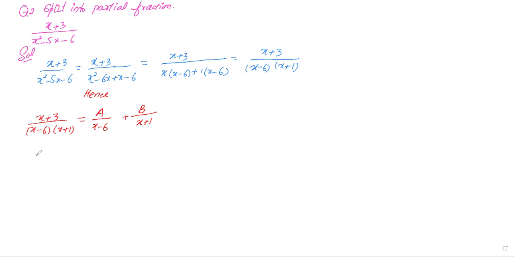Now what will you do? I have to multiply by the denominator on the right hand side. So I will write x + 3 is equal to this denominator on the left hand side. Always you have to shift it to the other side. What is the left hand side denominator? This one.